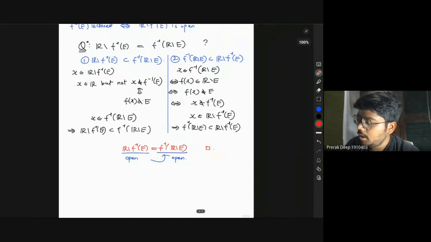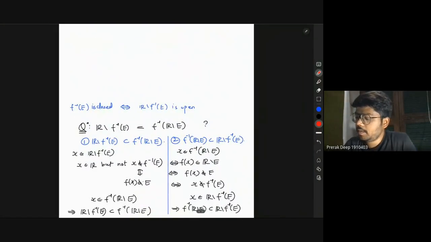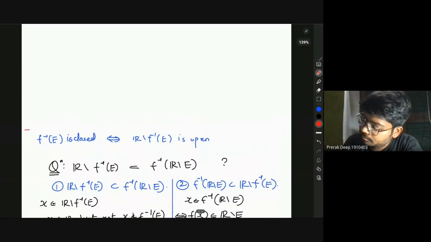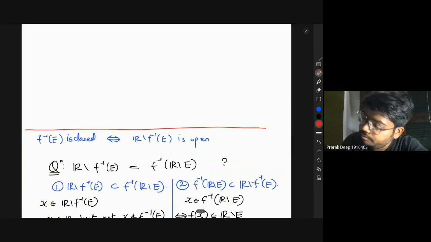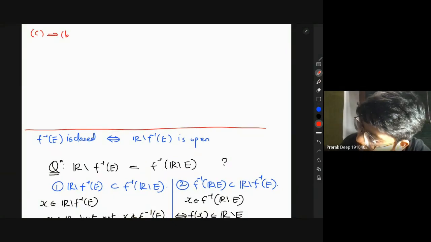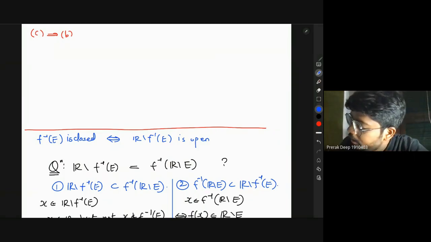Now we follow a similar argument. We'll write down the proof of C implying B. So what is C?